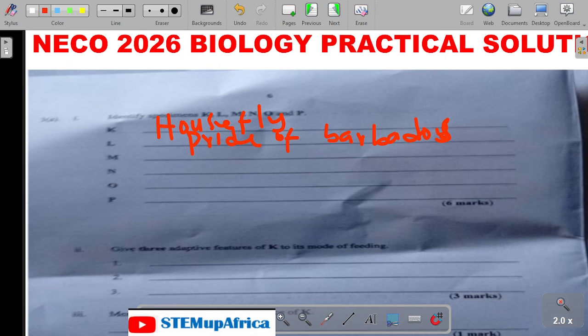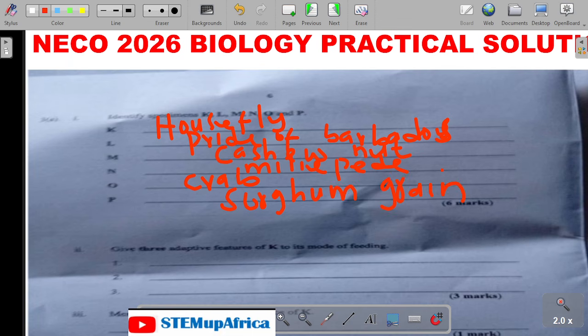Then M, cashew nut. Then N is millipede. Then O is crab. Then P is soya grain.